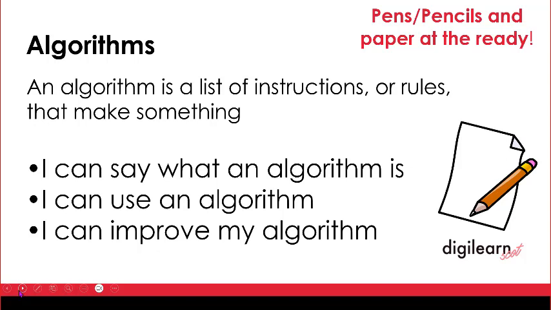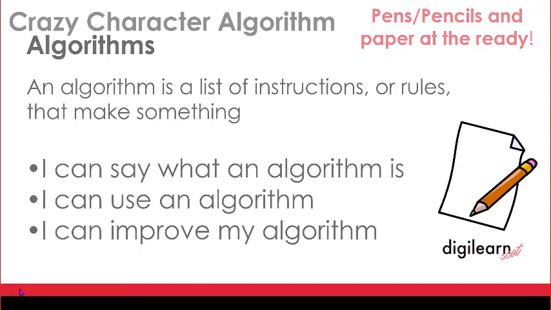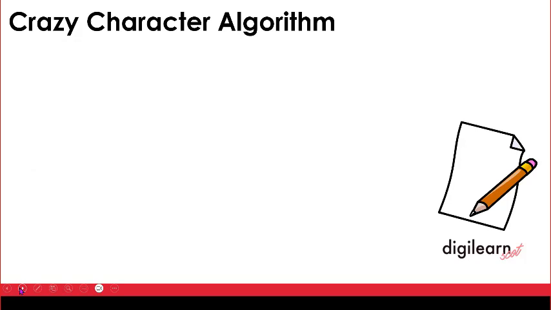This activity comes directly out of the Barefoot resources. You can use this with your colleagues to explain a wee bit more about computational thinking to them and show them how simple the resources can be. You can also use this activity with your learners too. Okay, so it's called the Crazy Character Algorithm.